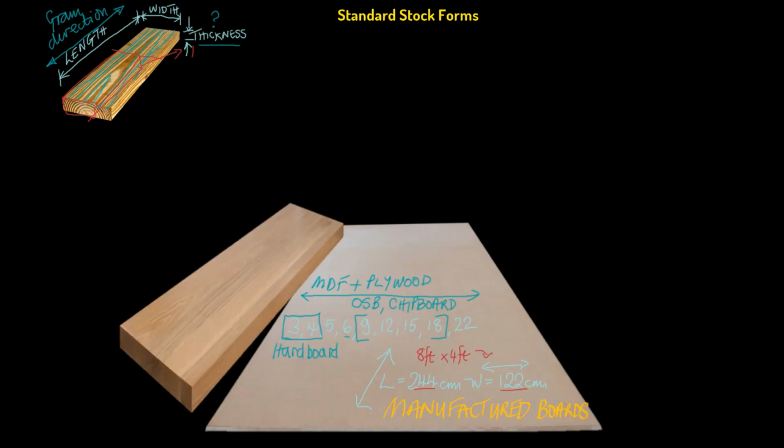The next largest pieces of material that we're going to see are planks. Planks are determined by their thickness, and it should be nothing less than 38 millimeters in thickness, not less than 38. And the width of these should not be less than 64 millimeters.